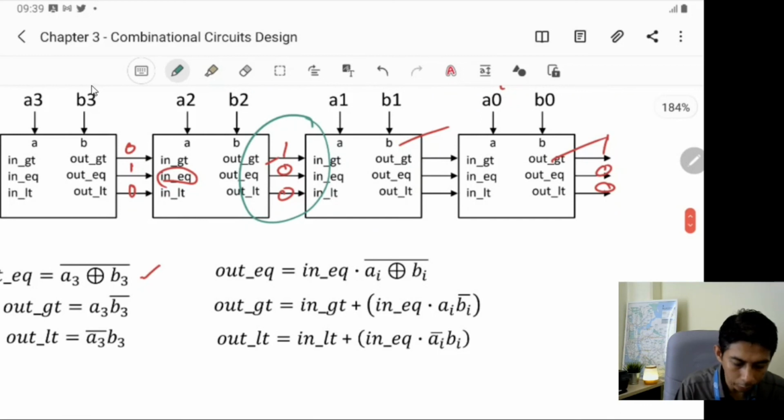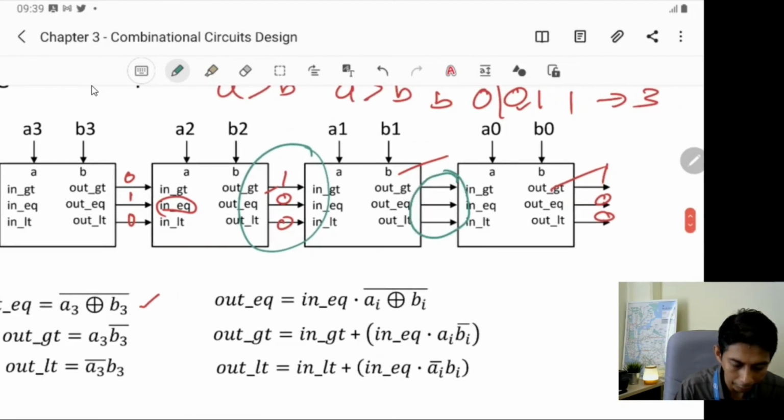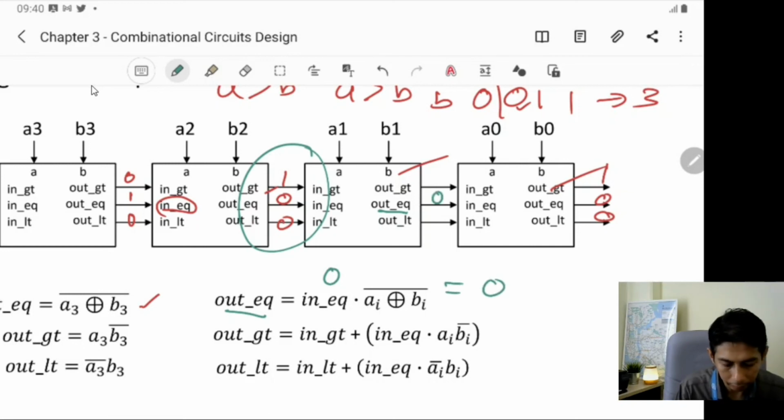So out GT equal to 1 and out EQ equal to 0. So in this part, we want to get this part, so out equal this one. Because in equal is equal to 0, this one we have equal to 0.